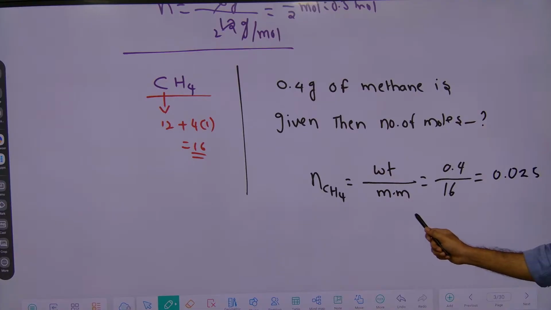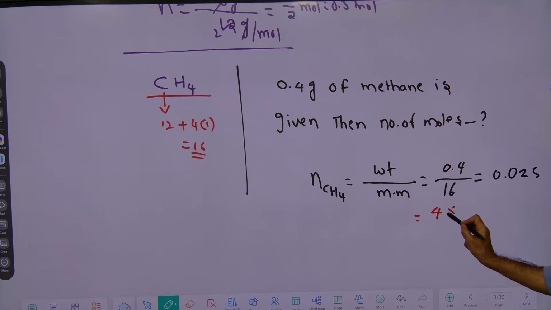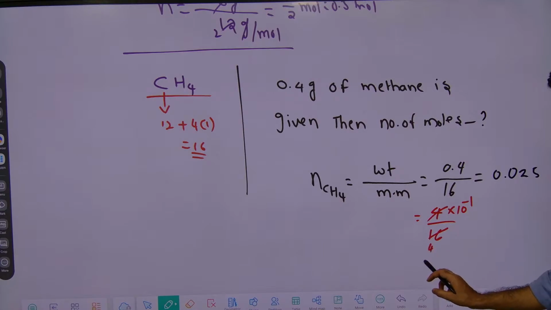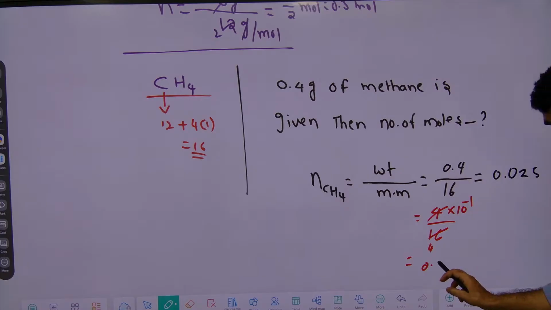So how to simplify these? 4 by 10. So you can write this as 4 into 10 power minus 1 by 60. So this will be 1 by 4. 1 by 4 means 0.25 into this 10 power minus 1 means 0.025. Hope calculation is simple, you can do.